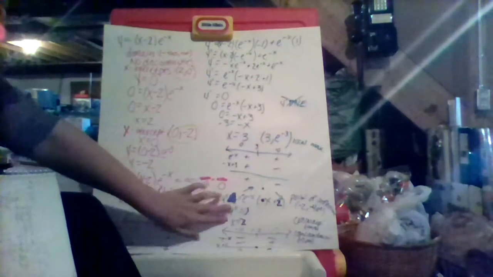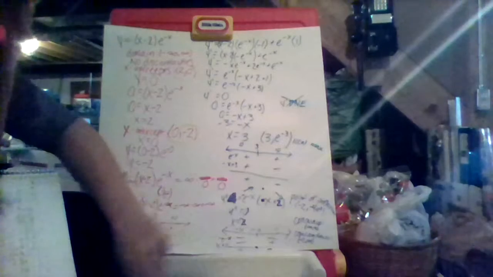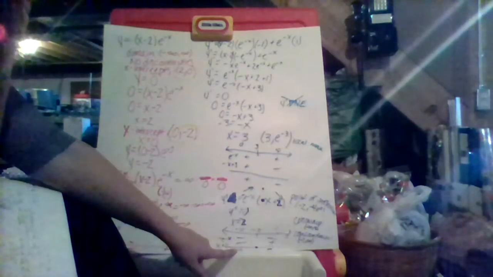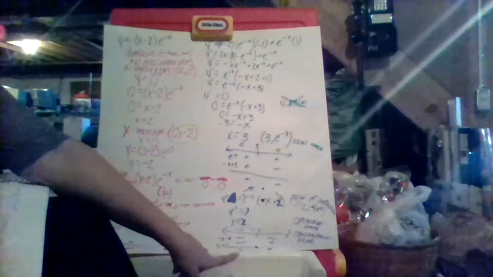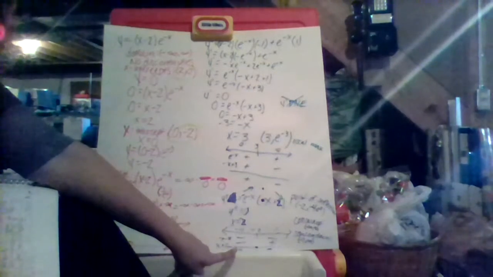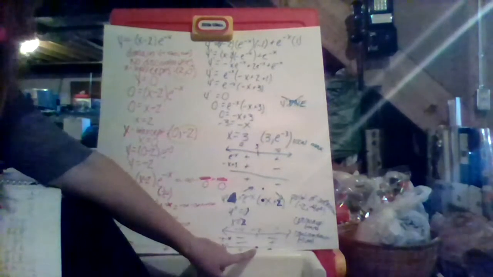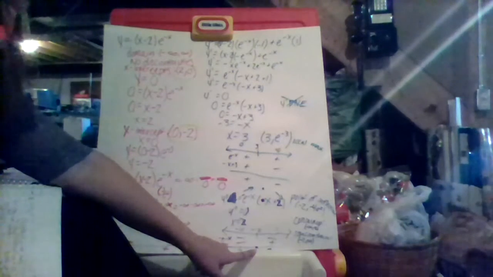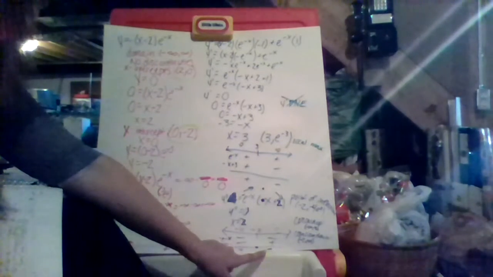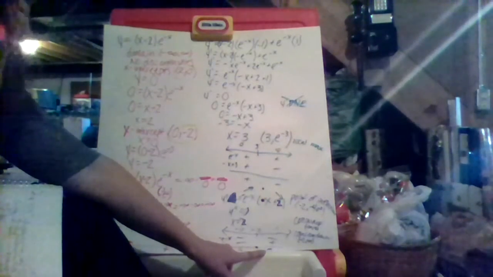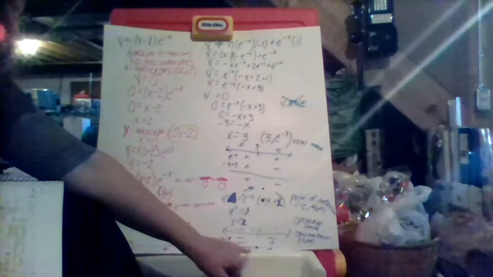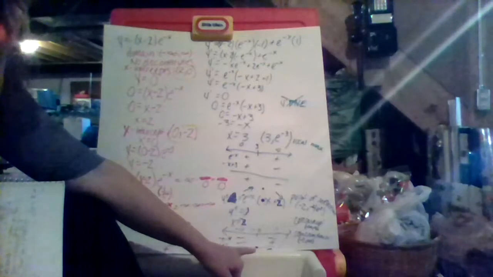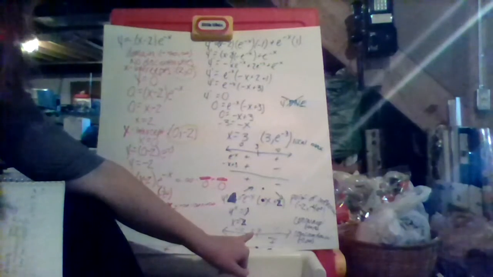Since we're multiplying these terms again, we get positive, negative. So on the interval from negative infinity to negative 2, we're concave up. And on the interval negative 2 to infinity, we're concave down. Since we're changing concavity here, we have a point of inflection at negative 2.